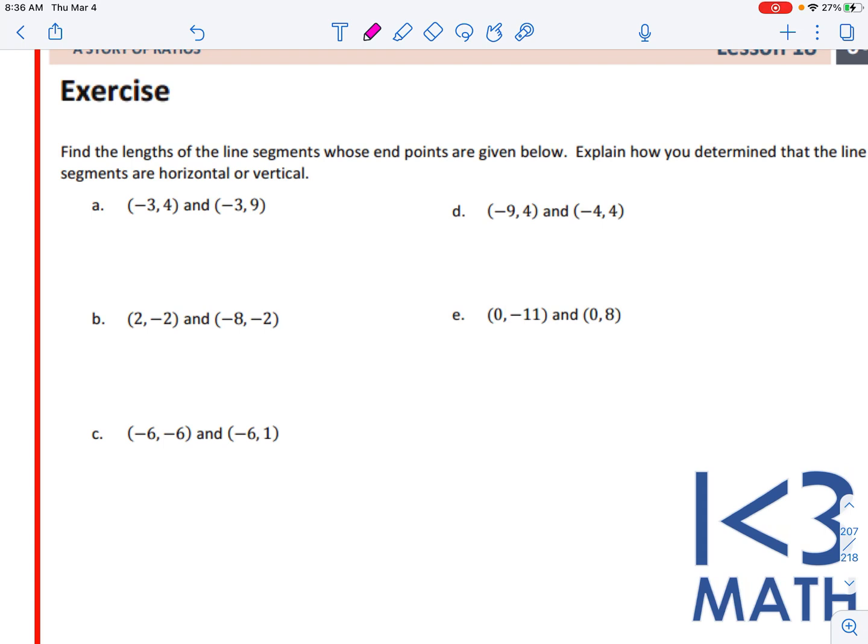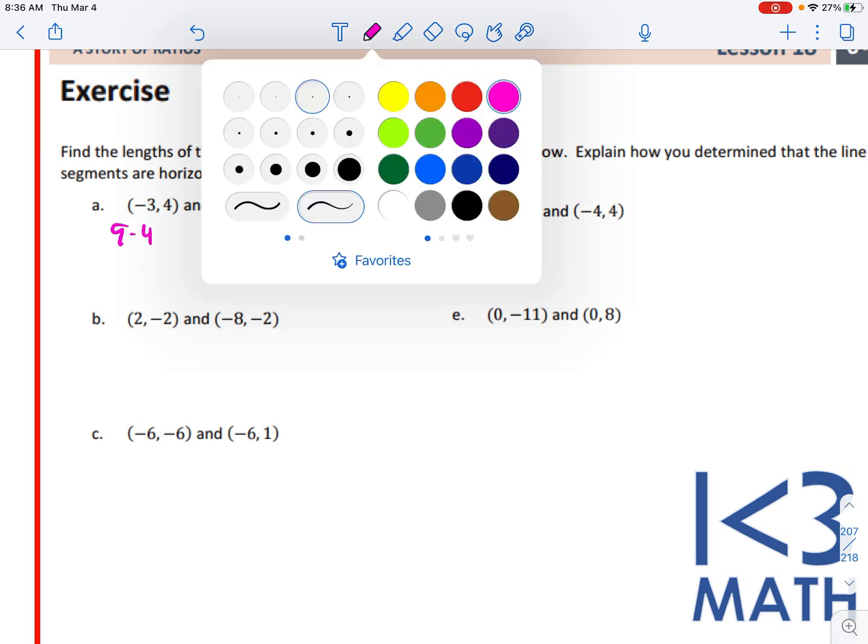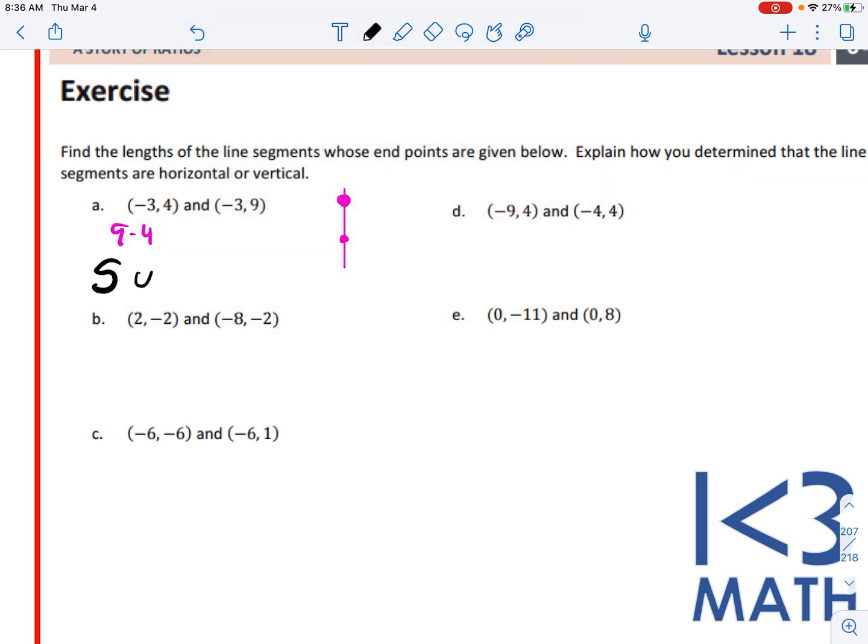So we know that they're going to lie on the same line, and it's going to be a vertical line, because we go to -3 up to 4, and then go to -3 up to 9. So we're going to have to subtract 9 minus 4, and that gives us 5 units. So that is the distance for letter A, 5 units.